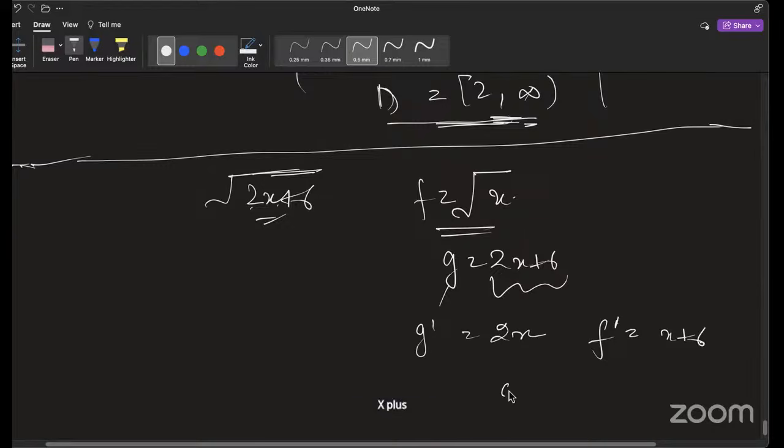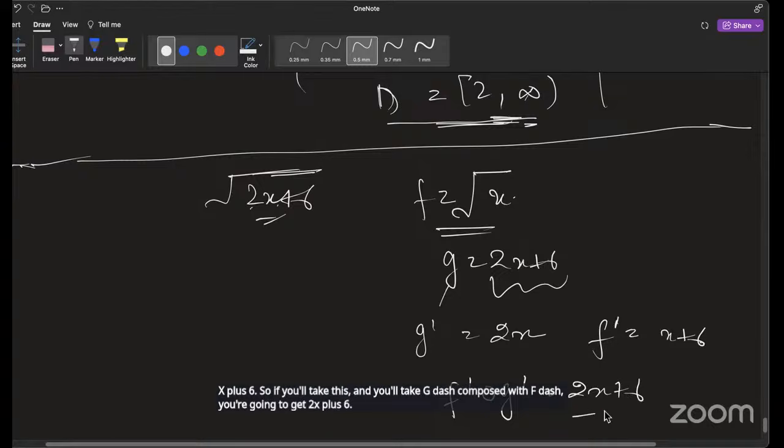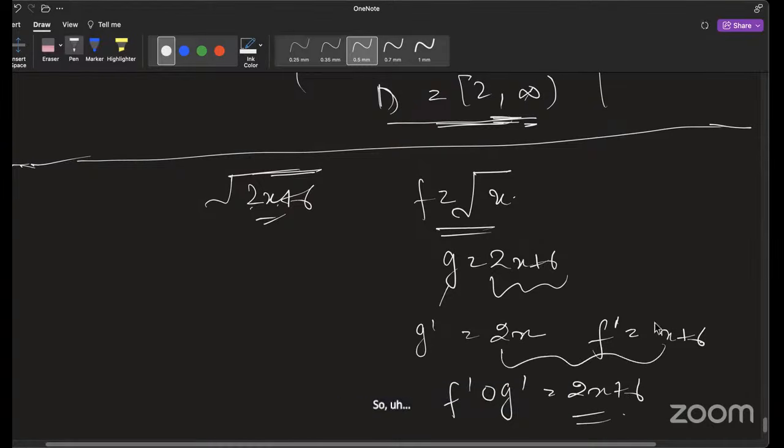So if you take g dash composed with f dash, you're going to get 2x plus 6, right? But we don't need this because this is going to give you the same domain. There's no point extending it into f dash then g dash.